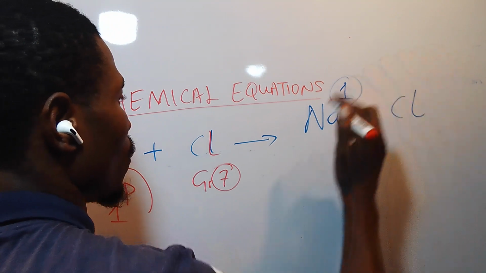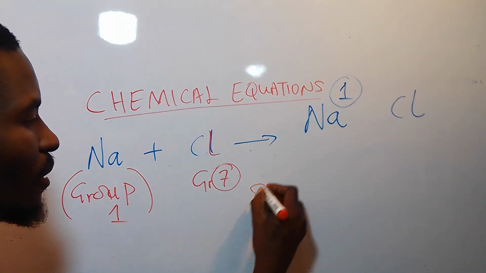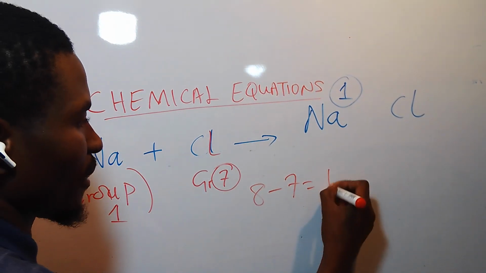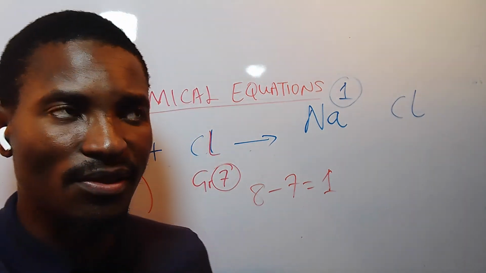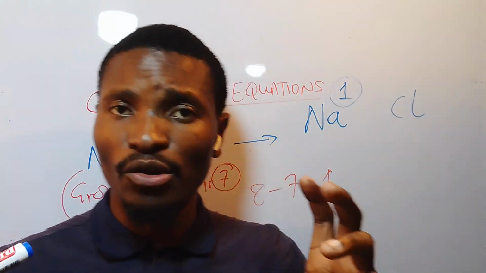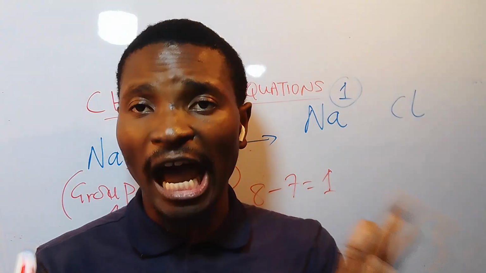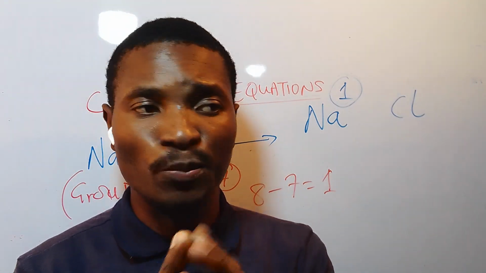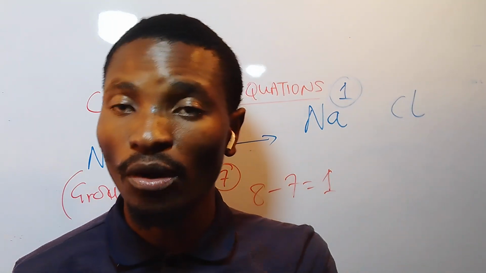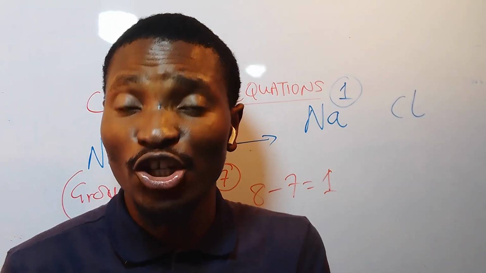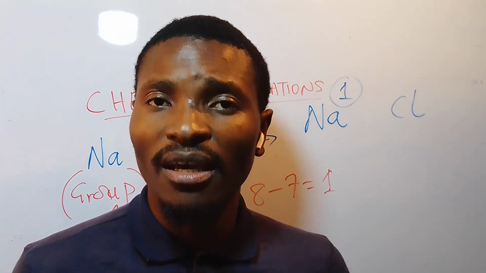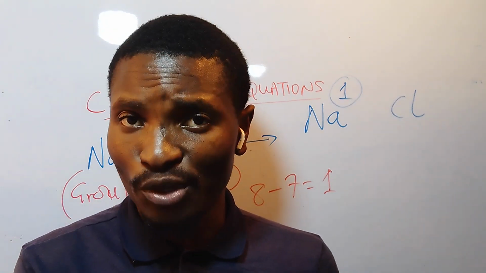Okay, so we understand that 8 minus 7 we get 1. This tells you that even hydrogen is never specifically put in any group on the periodic table, and the reason is simple: most of the time when hydrogen is behaving as a gas, it is in group 7 of the periodic table.